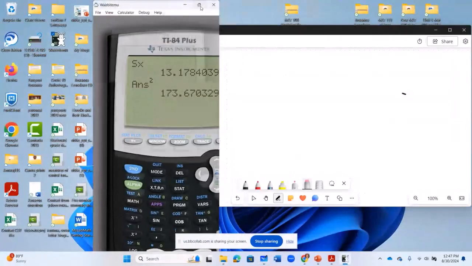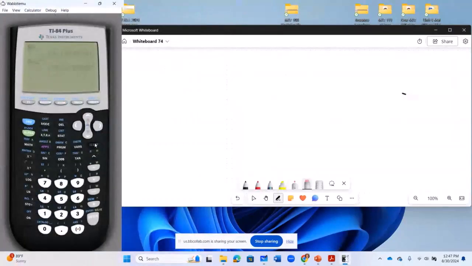And the data is still in my L2. So I am going to do a one variable stat of that data in L2 again, because I need the 5 numbers somewhere.